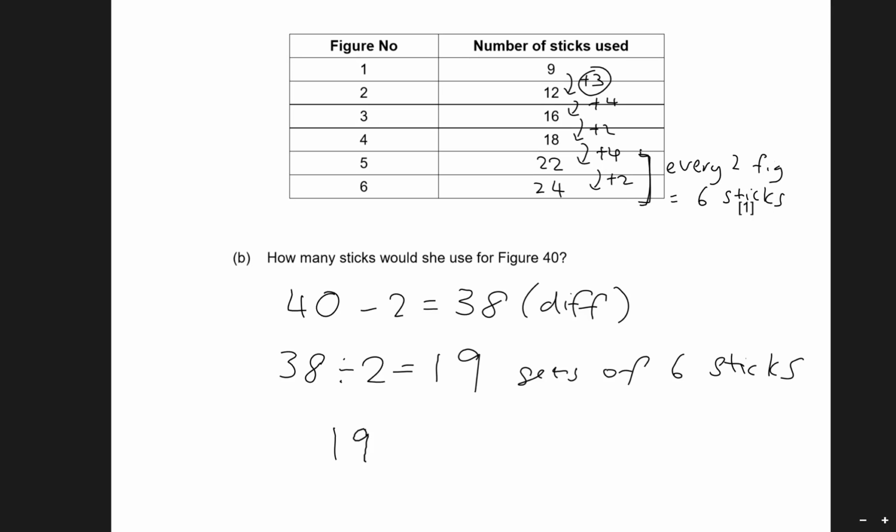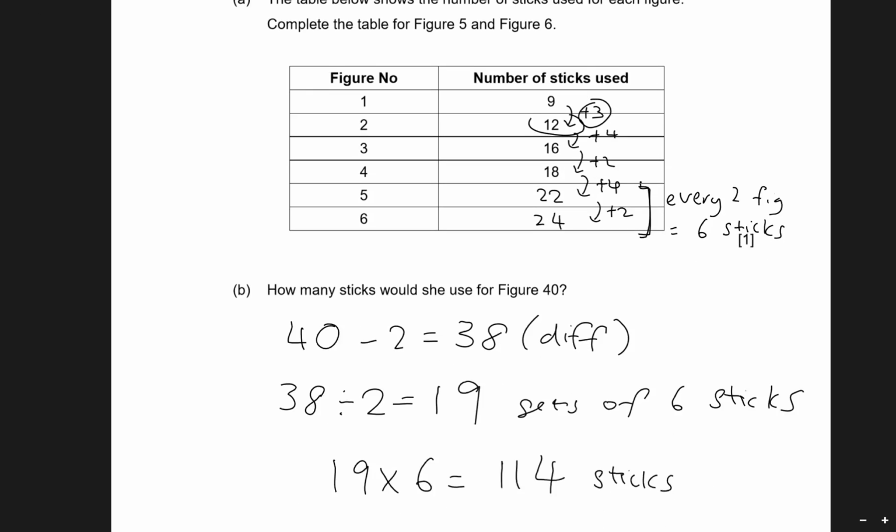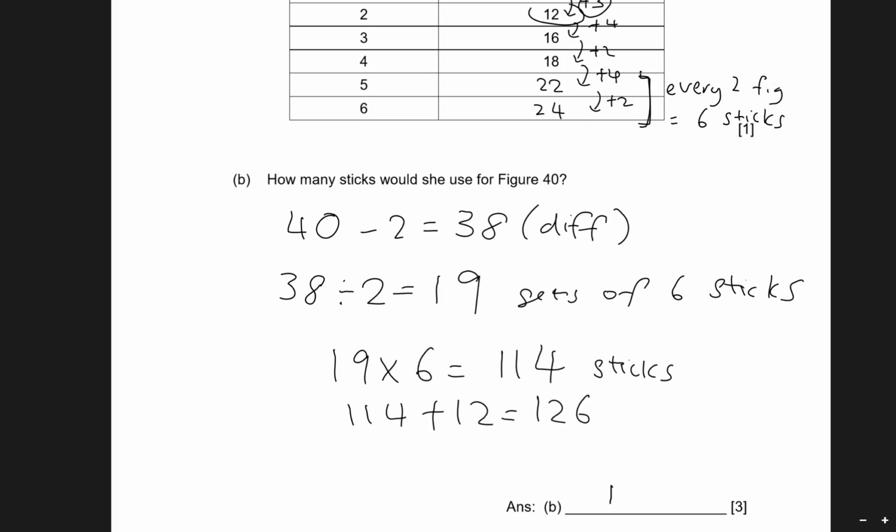So 19 times 6 is going to give me 114. Now the 114 has to include the 12 as well, because I started off from figure 2. So 114 plus 12 will give me 126 sticks.